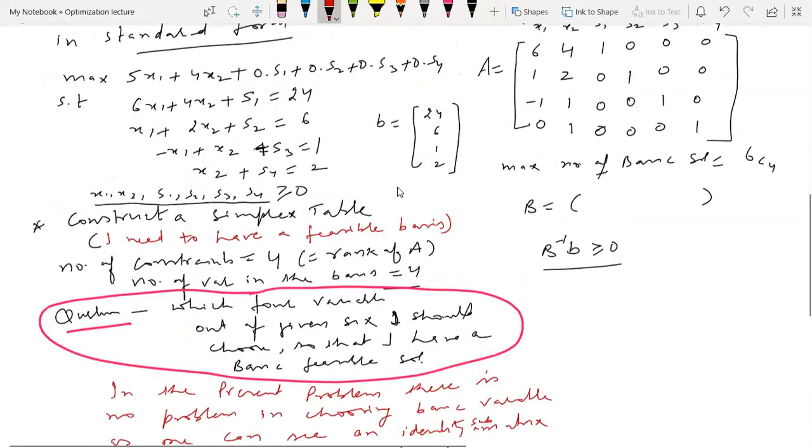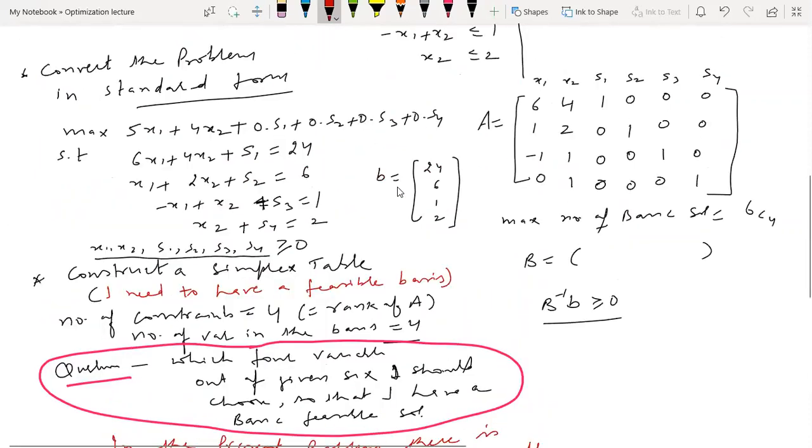So you see here in A, I can always see that I have an identity matrix comprising these 4 variables. So if I choose B as my S1, S2, S3, S4, my B matrix becomes an identity matrix, right? And what is my B inverse? B inverse is equal to B, which is equal to the identity matrix.